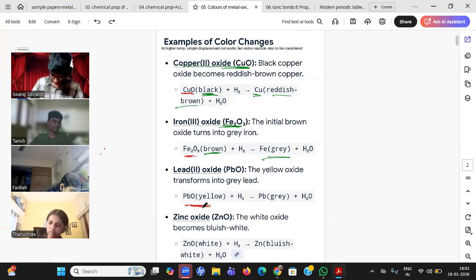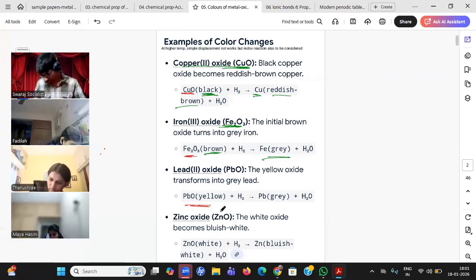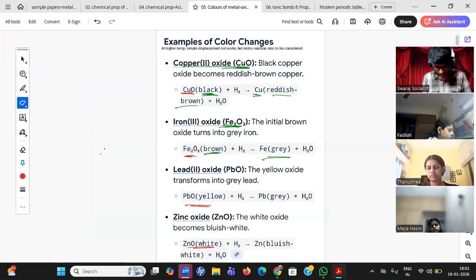From there you can remember lead oxide is yellow. Zinc oxide is white. Did we do any activity on that? I don't think so. In chapter number 1 we did many activities. Chapter number 3 has fewer activities and we skipped some of them. Chapter number 4, carbon and its compounds, is something like maths.